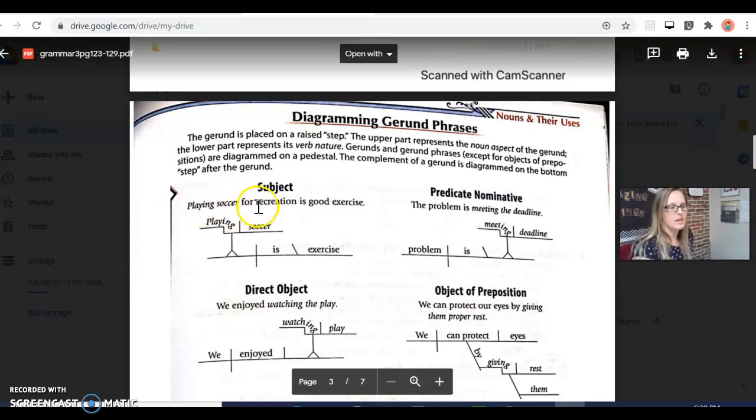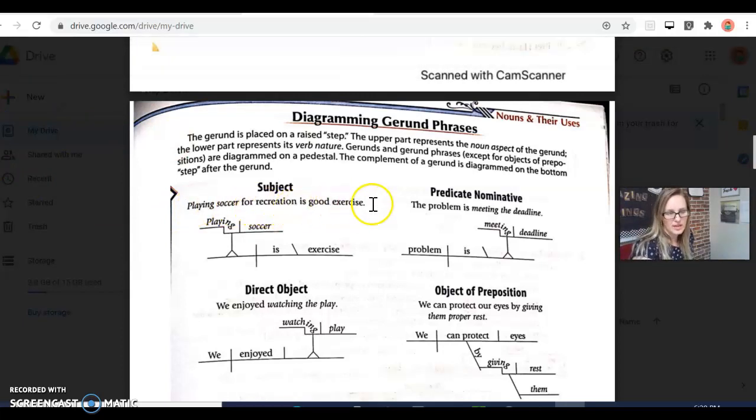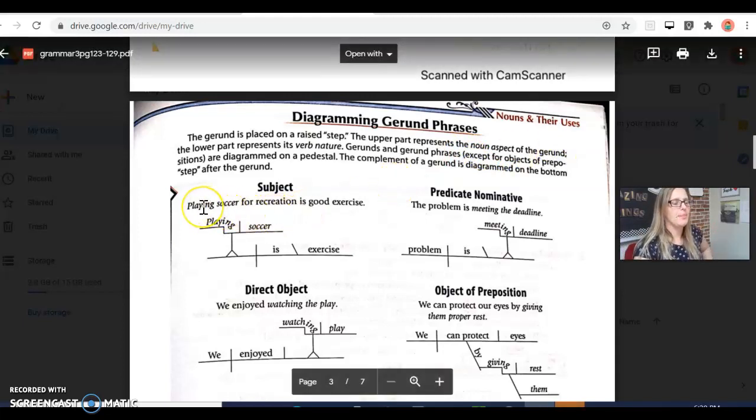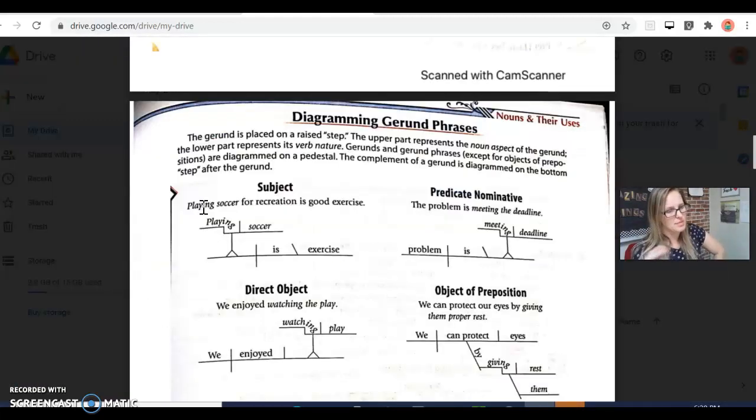Playing soccer for recreation is good exercise. So the whole gerund phrase is playing soccer for recreation, but it told us in the directions, except for objects of prepositions. So we're not going to diagram those prepositional phrases or their objects. We're just going to diagram the gerund, and if there's a complement.